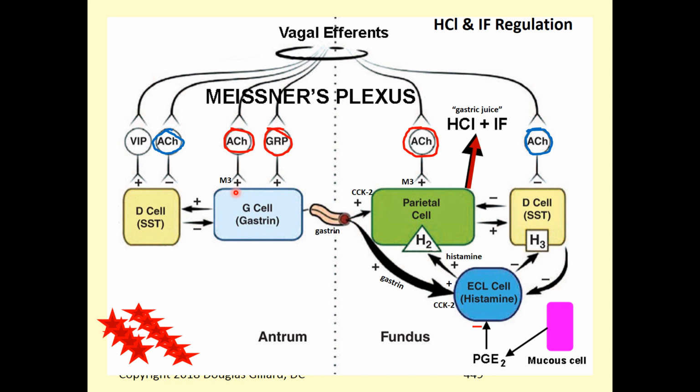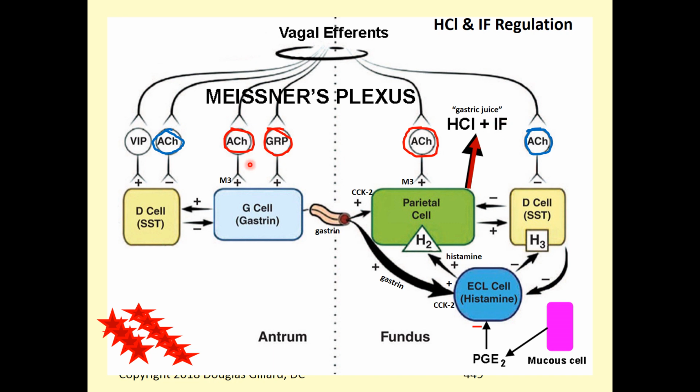Okay, so they bind. There's an M3 receptor on a G cell, stimulates it to produce, we haven't talked about that yet, to produce gastrin, we'll talk about that. But we kind of talked about this. So here's more acetylcholine. Binds to its M3 receptor here, stimulates the parietal cells to crank out HCl, hydrochloric acid, and intrinsic factor. See how that works?